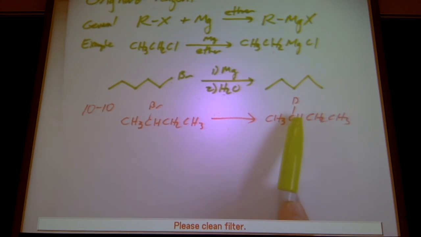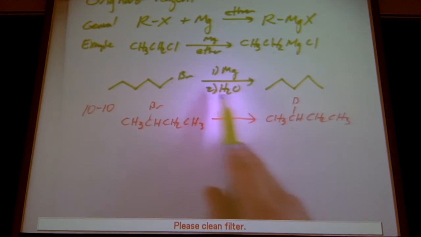Remember, deuterium is just an isotope of hydrogen. Hydrogen has one proton, deuterium has a proton and a neutron. It's just represented with D, so you can tell it apart from the different hydrogens.